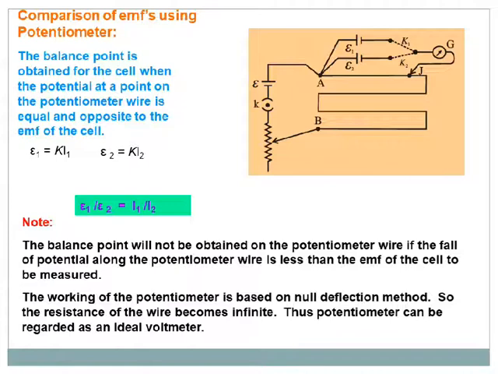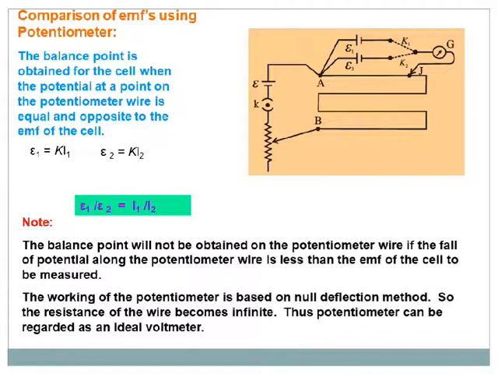Point A is connected to the positive terminals of all three batteries: first E, second E1, third E2. This is the first point. The negatives of all the batteries are connected to keys.